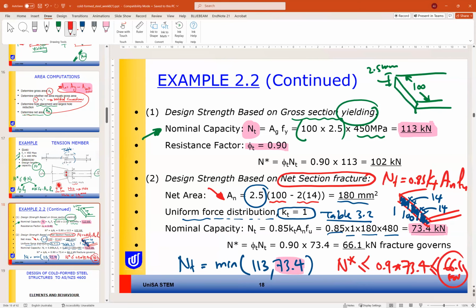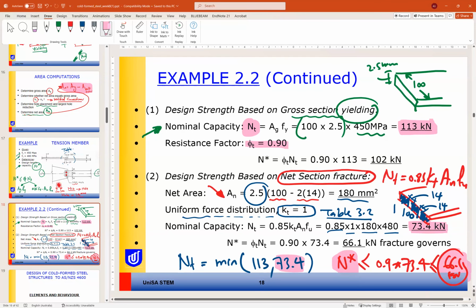So this is the maximum capacity we can apply to this tension member, and it is controlled by, or governed by, the net section fracture. This means the fracture will occur before the yielding.